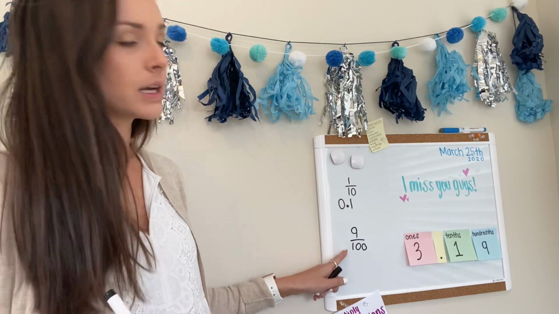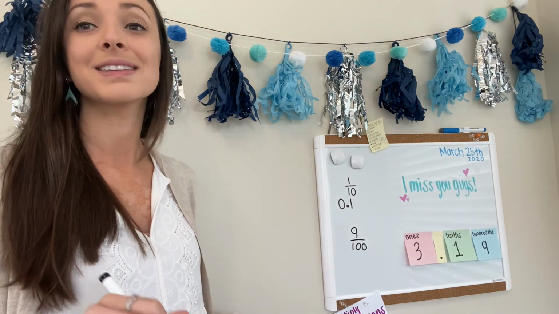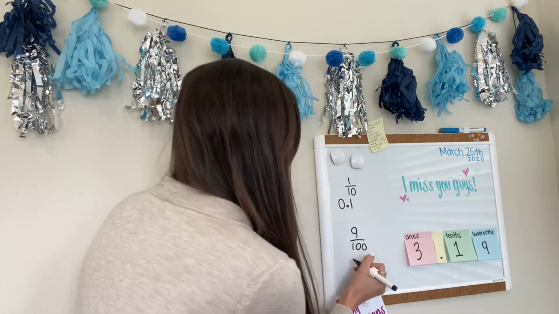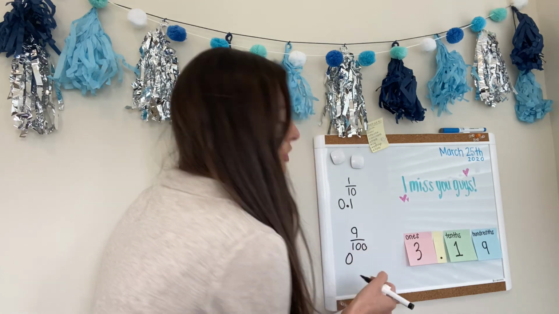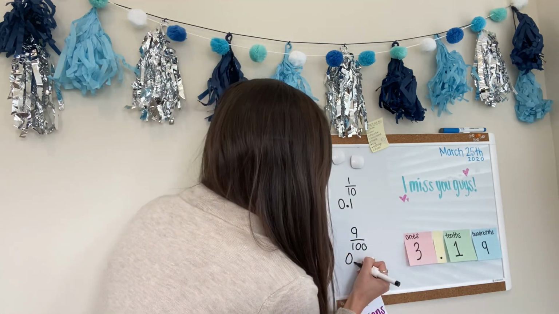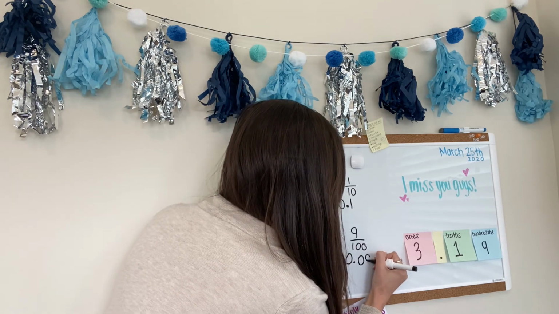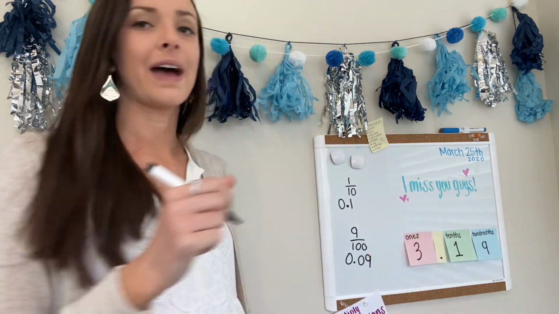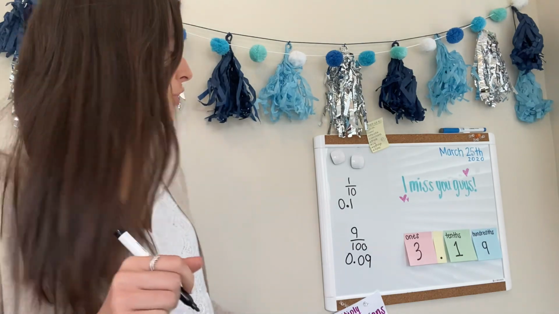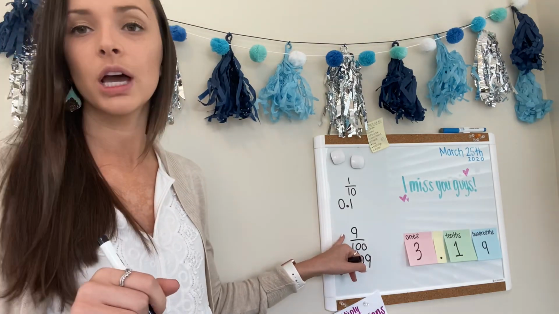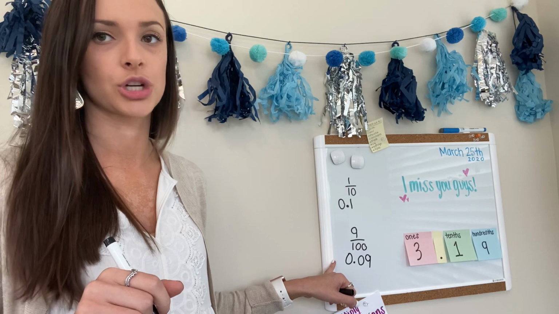So this is 9 hundredths. As a decimal, I can put 0 in my ones place, or I don't have to. I want to do a 0 in the tenths place and put my 9 in that hundredths place. So this is showing me 9 hundredths.